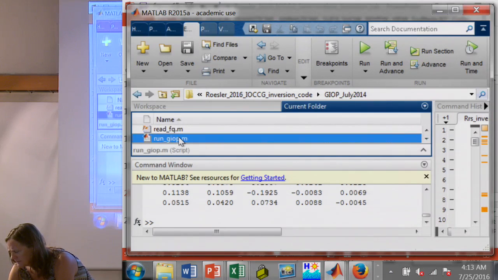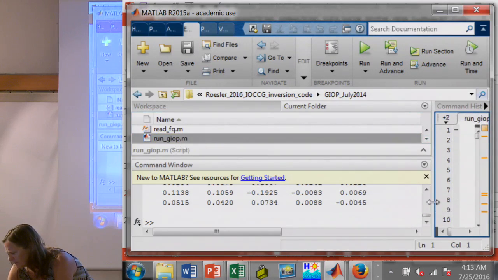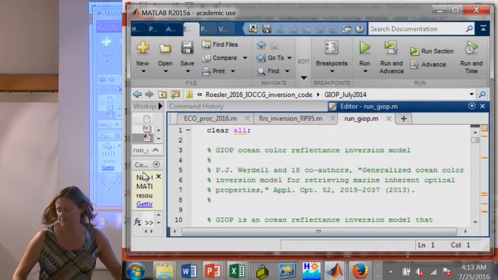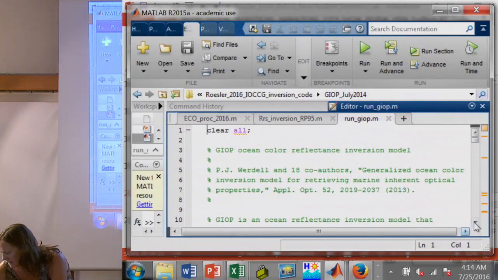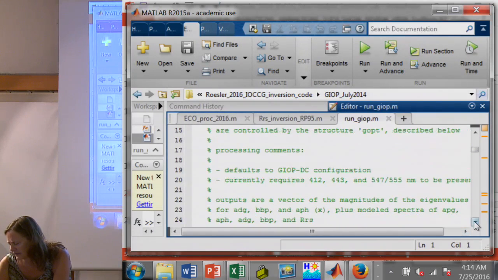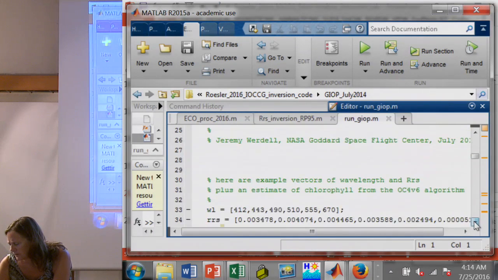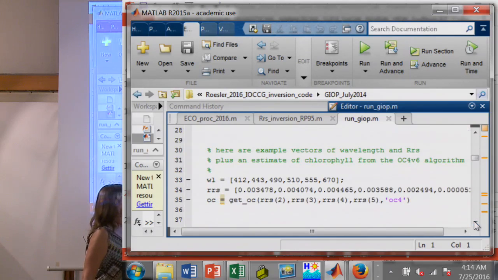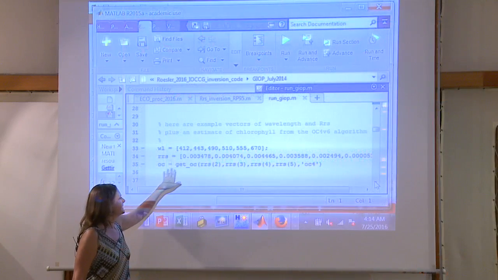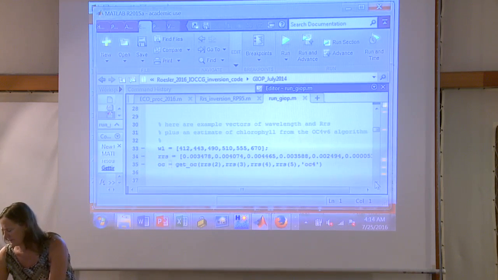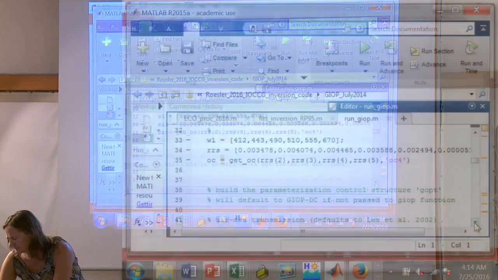So if you open this up and you read through, what you'll see is that you change everything as you go. It's going to give you an example set of wavelengths, Rrs spectrum, and it immediately estimates chlorophyll from that spectrum in the same way that we did in the Excel file.